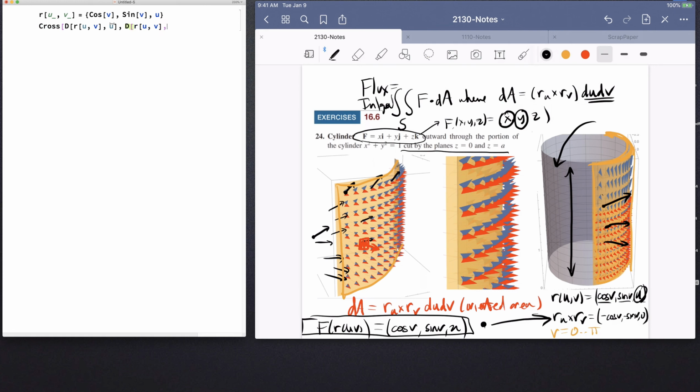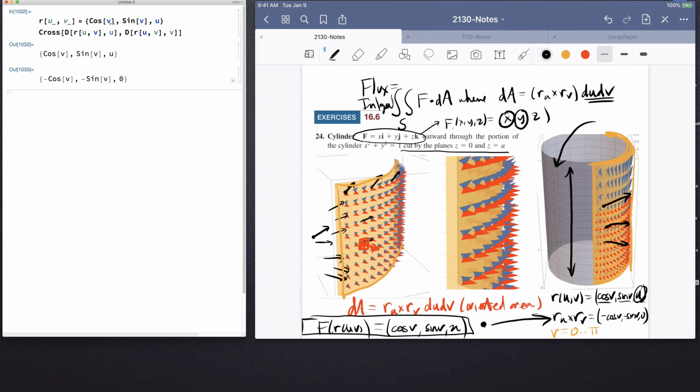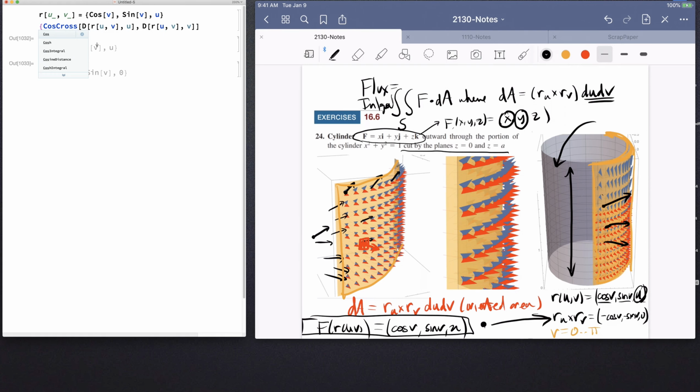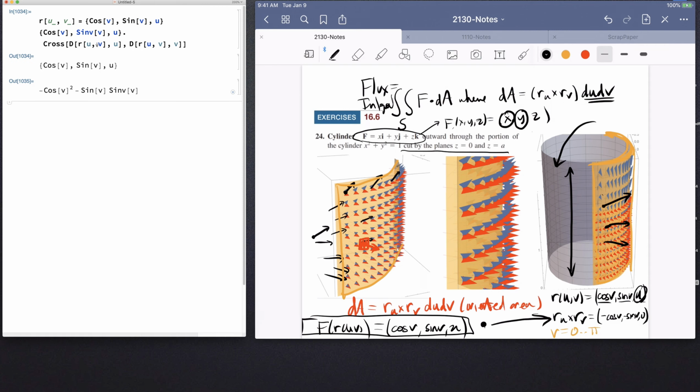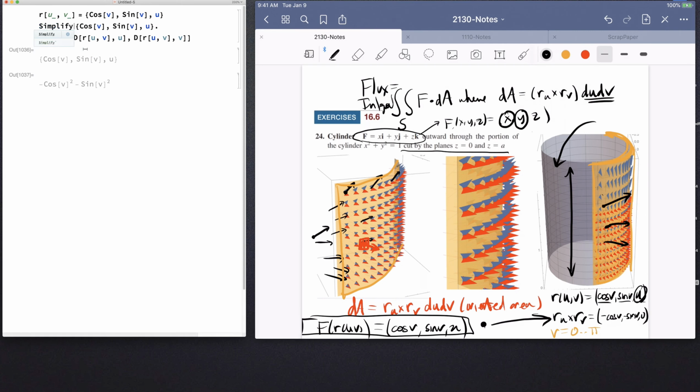And as I suspected, we get minus cosine v, minus sine v, 0. If we take that vector and dot product it with cosine v, sine v, u, you will get minus cosine squared minus sine squared, which simplifies to minus 1.